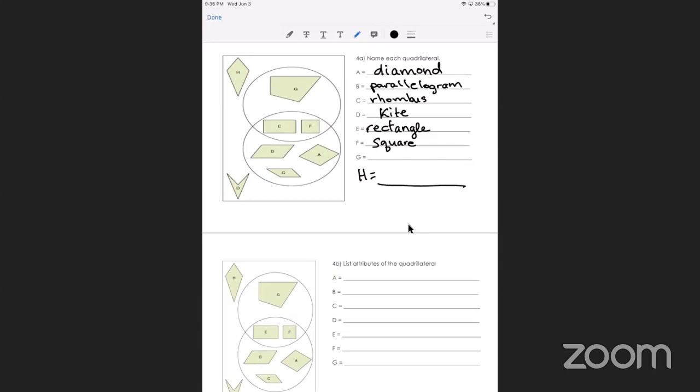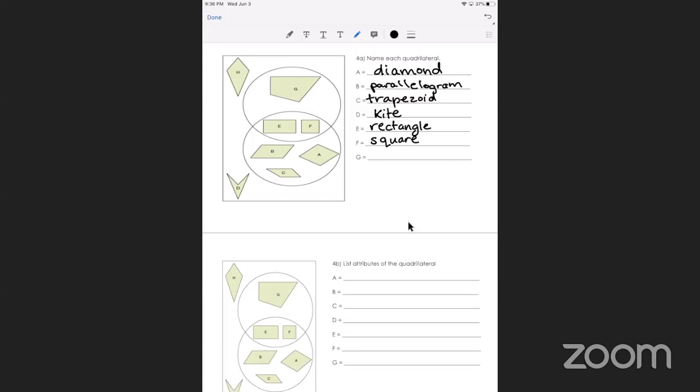So, I'm sorry, C is actually a trapezoid. So we'll go back here. So C is a trapezoid. D is a kite. E is a rectangle.